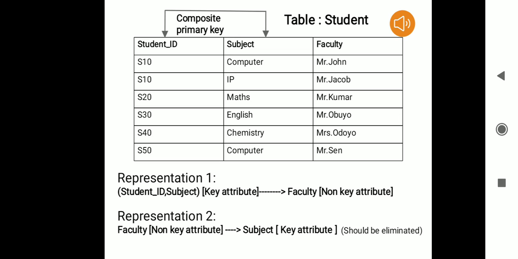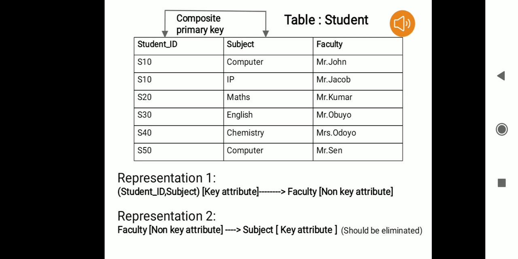This is shown by the column subject with the entry computer representing two faculties, which are Mr. John and Mr. Sen. As a result, both the attributes student ID and subject have duplicate entries.